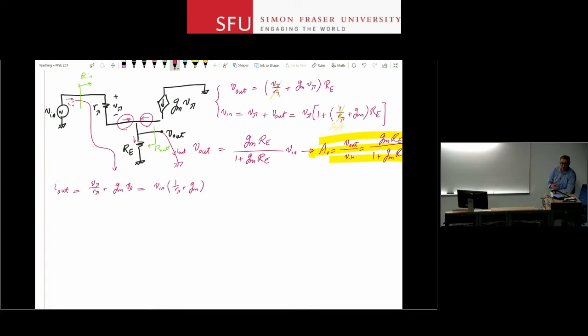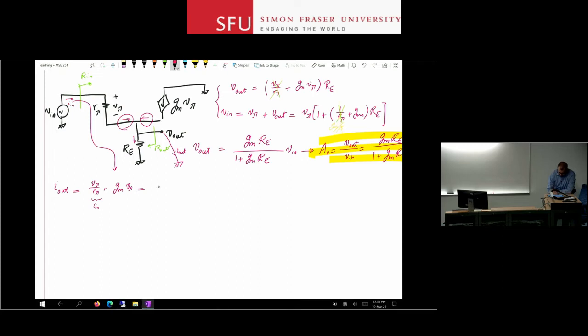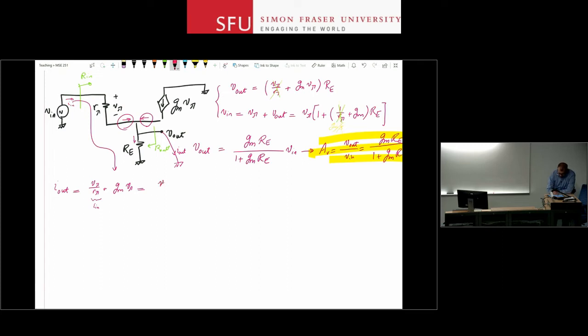And if I want to look at the current gain, I need to see how much current is going in. So it is V pi over R pi. So actually I could just take this as the current gain I in, right? So maybe I can rewrite this. I can say it is V pi over R pi, so factor that out: V pi over R pi times 1 plus GM R pi, okay?